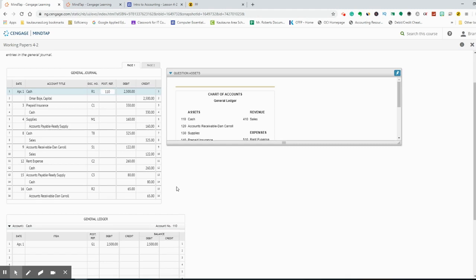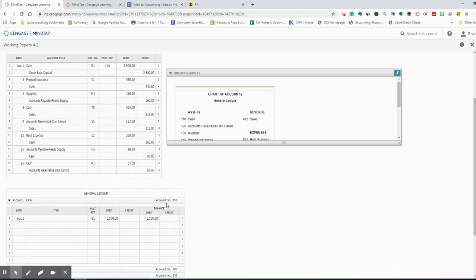It's a really nice way to see where the path of your transactions has gone. Maybe you need to take a break right now and you didn't finish this. Well, I know that this capital part of this transaction has not actually been posted to the ledger yet because I do not have a post reference. So that's the whole purpose of that.